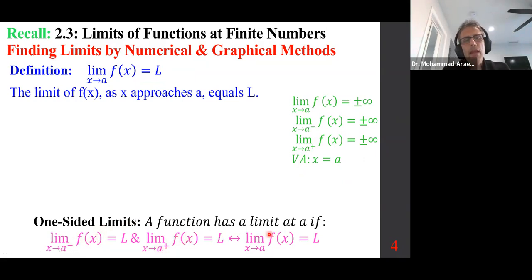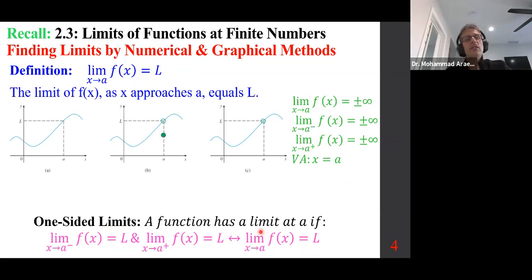Finally, as far as all these graphs, in all of them the limit as x approaches a is the same, which is L. Okay, from the left and right of a, we hit this point having the y coordinate equal to L. But the difference is, in this one, f of a is also L. There's no hole, right? In this one, there's a hole.